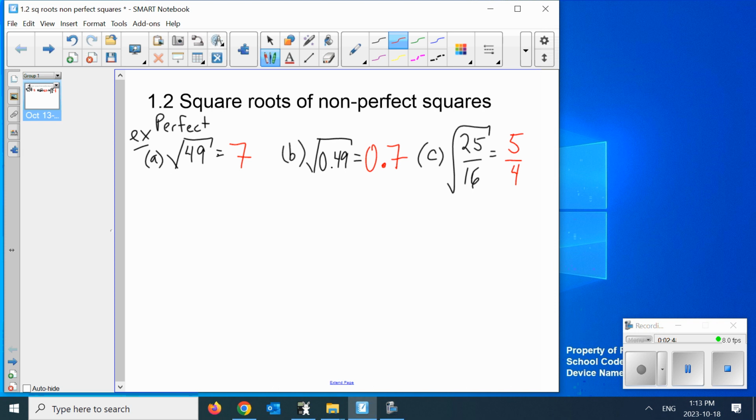So perfect squares, a little bit of note. You're going to copy this.